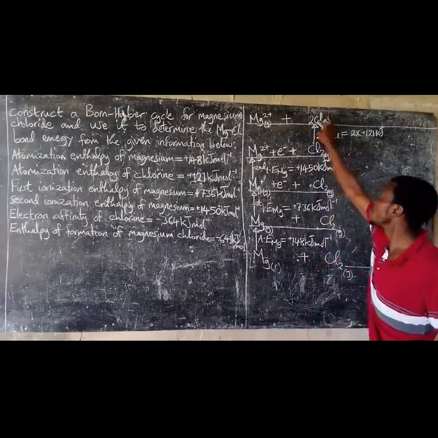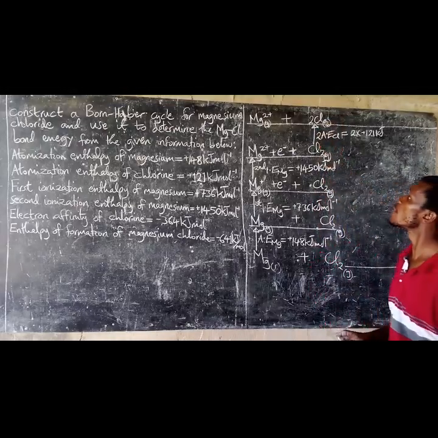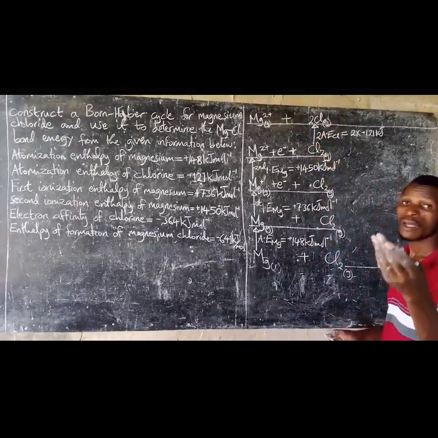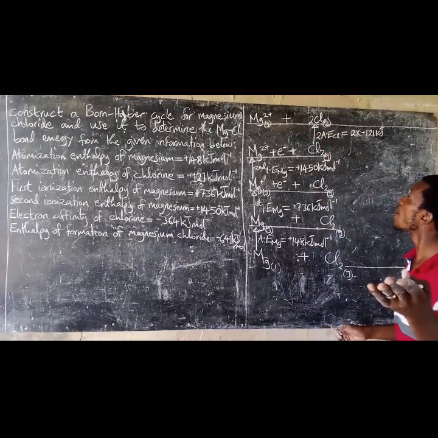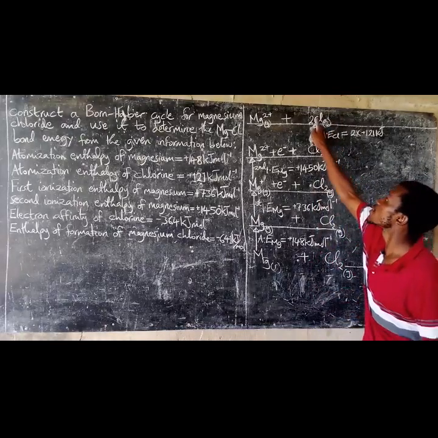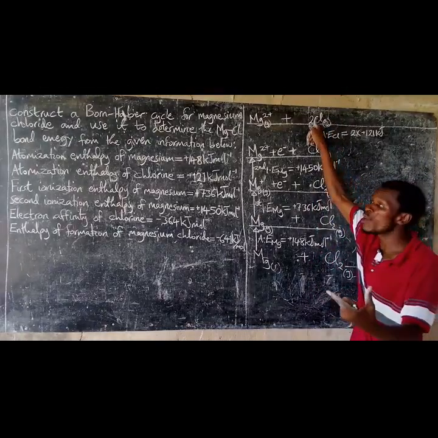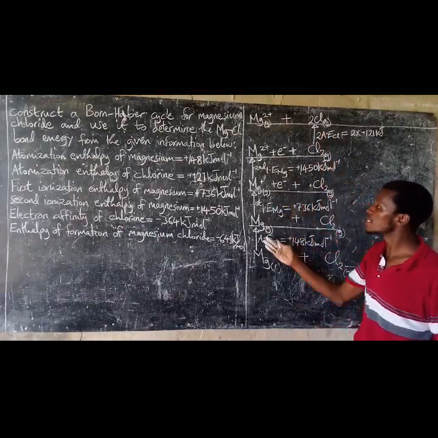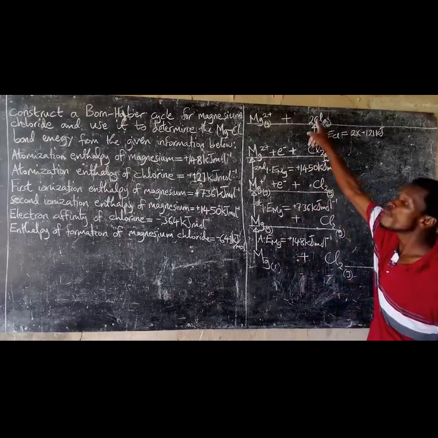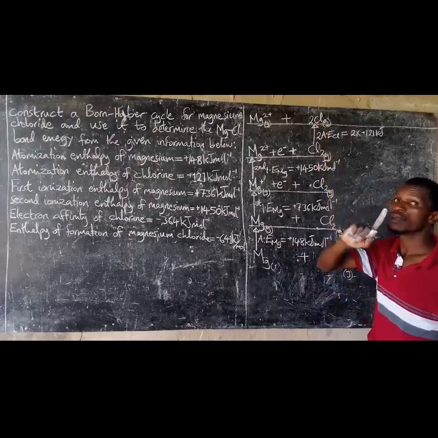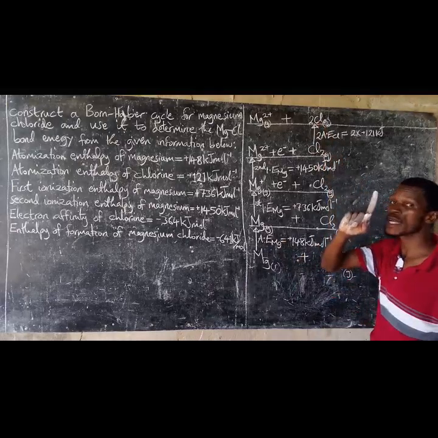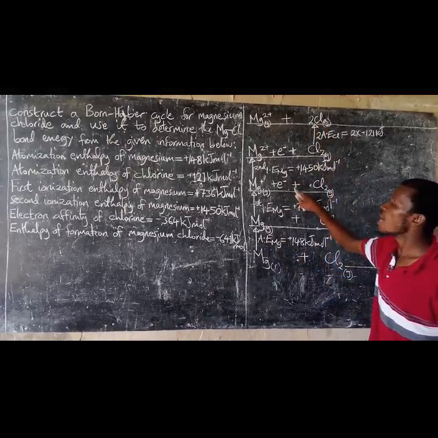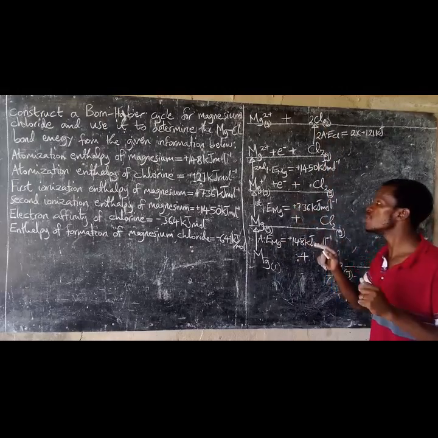Then chlorine has not reached an extent to react. In order for it to reach an extent to react, it must gain or accept the electrons lost by magnesium. There are 2 moles of chlorine. Each mole of chlorine atoms accepts 1 mole of electrons.